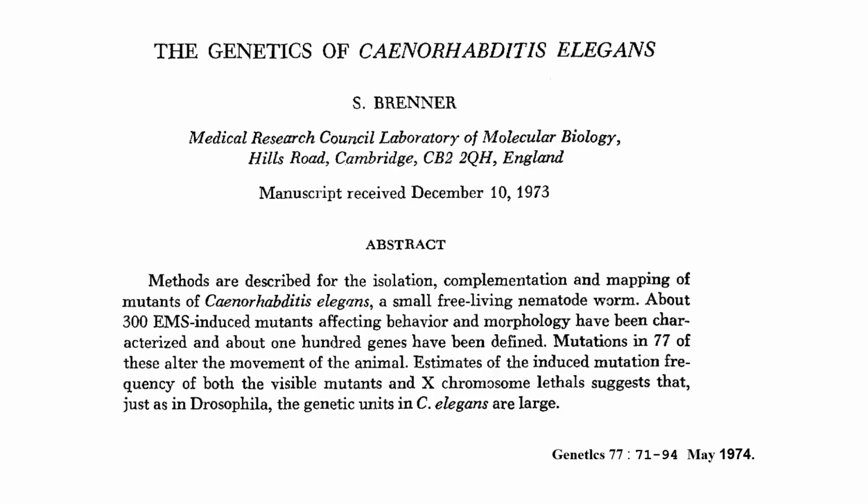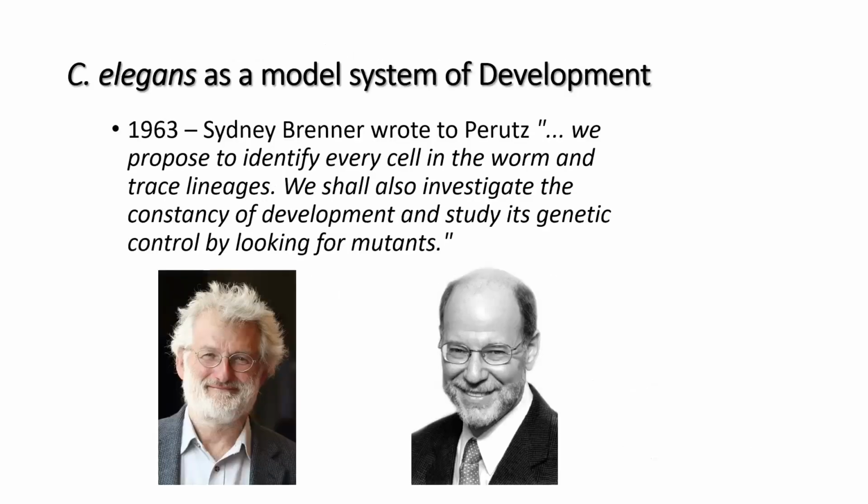But they found 300 mutants and something like 100 genes. And mutations in 77 of those genes alter the movement of the animal. So he's looking at the worms and says, this worm's doing something funny. Right, so this is a tremendous amount of work. But Brenner 74, the seminal worm paper.